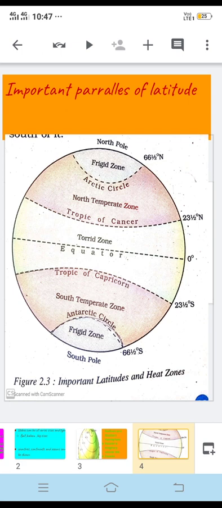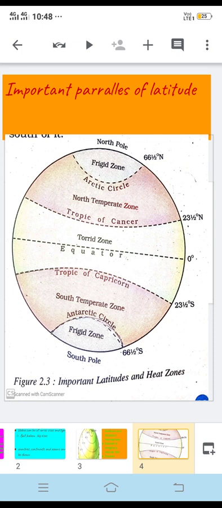Here the sun rays are slanting as we go towards the poles, but not that much slanting. It is not very cool and not very hot. So this is the temperate zone.